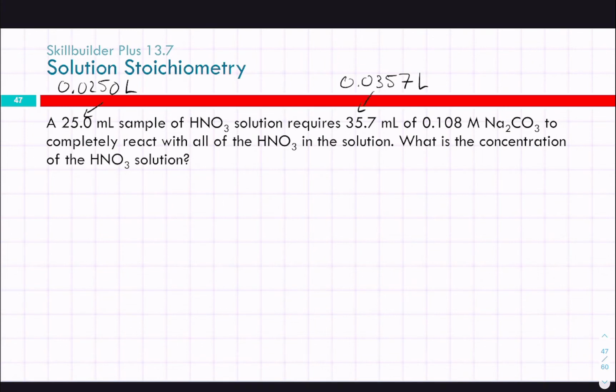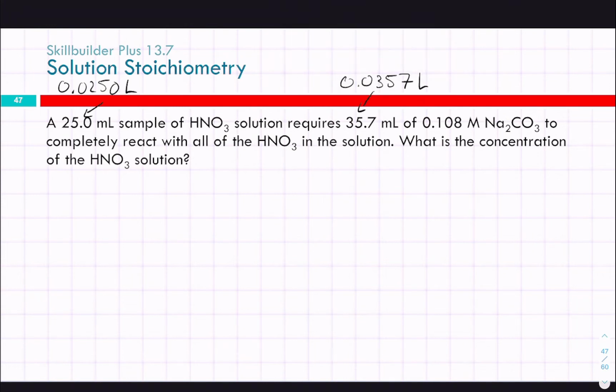So just converting those milliliter values into liters. So if we know the volume of a sample and we calculate the number of moles, we can calculate the concentration because we take moles and divide by liters. And so that's the goal of this problem.